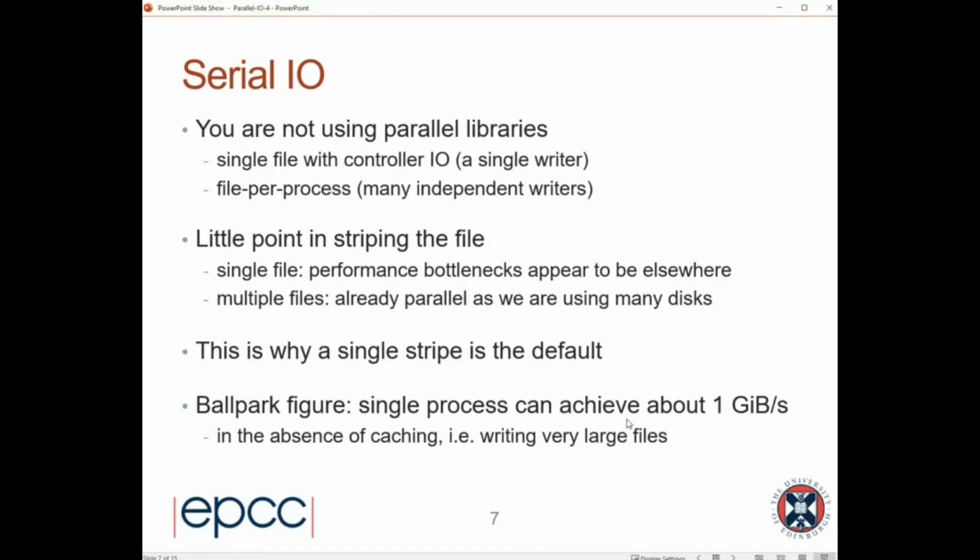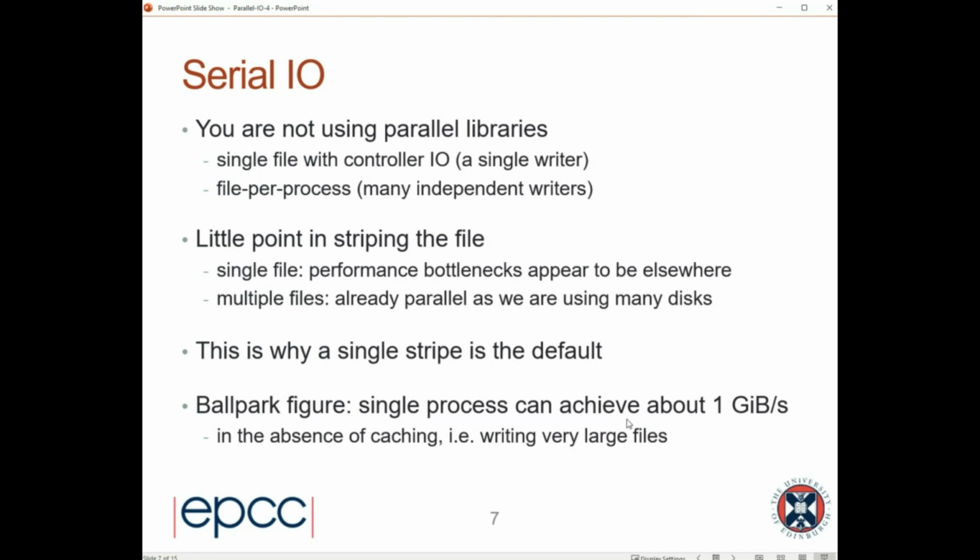If you're writing a single file, you're down to this 1.2 gigabytes per second, which is less than a single OST can do, so there's no point using multiple OSTs. B, with multiple files, there's no point in striping, because it's already parallel as we're using many disks. Having that double parallelism doesn't help. This is why single stripe is the default.